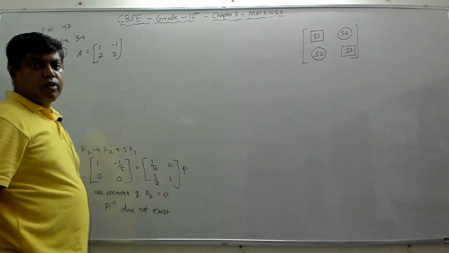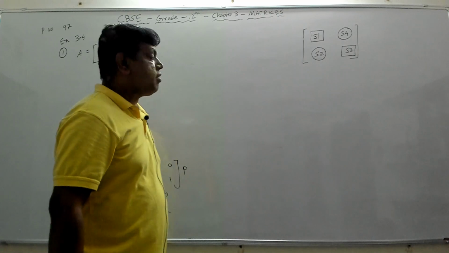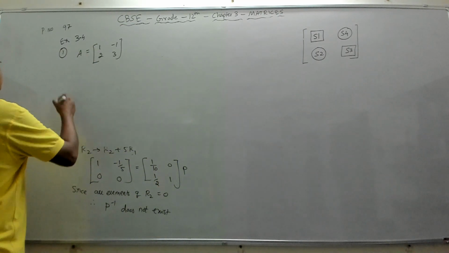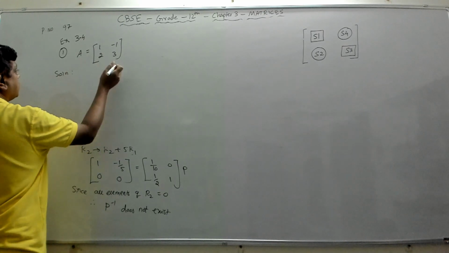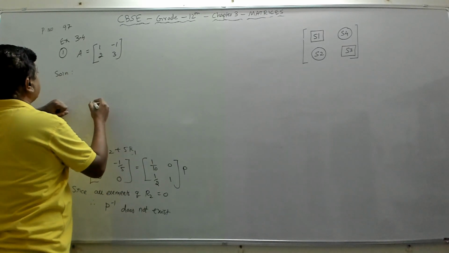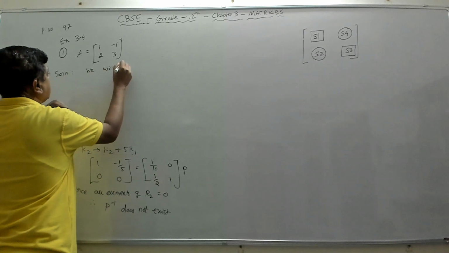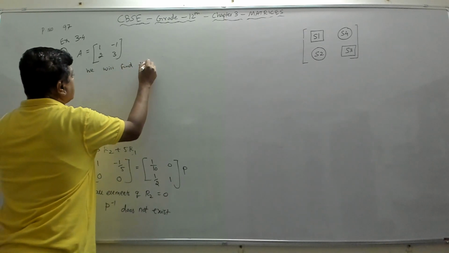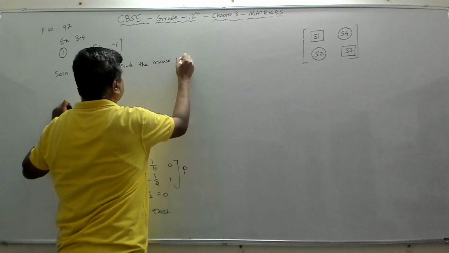For columns it's a different step order. So the first step is to apply the row operations. We will find the inverse using row operations.